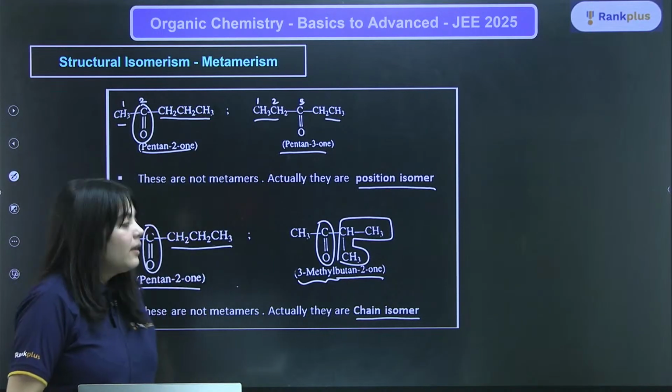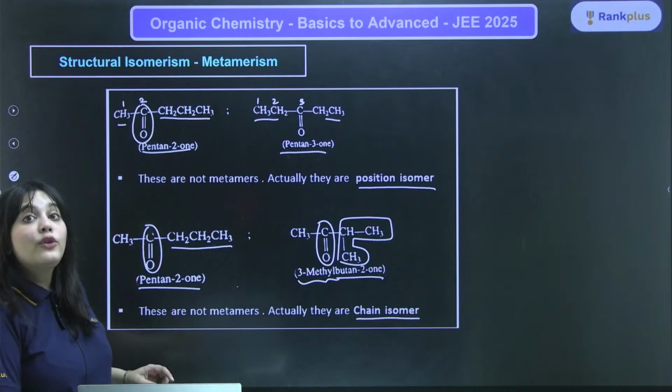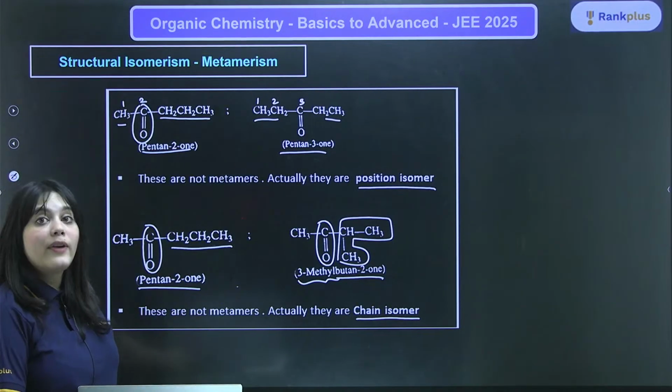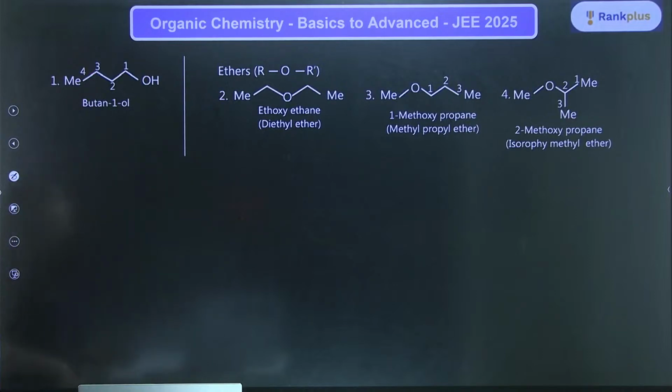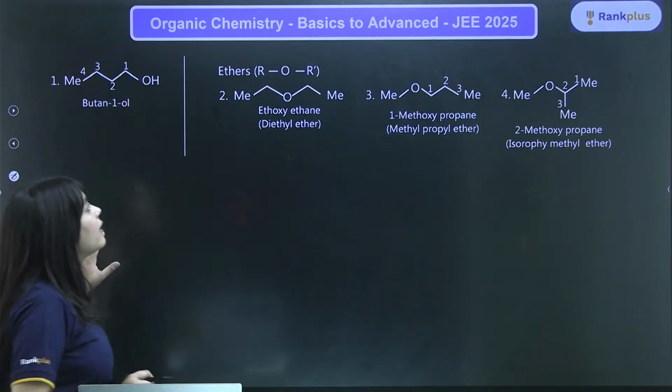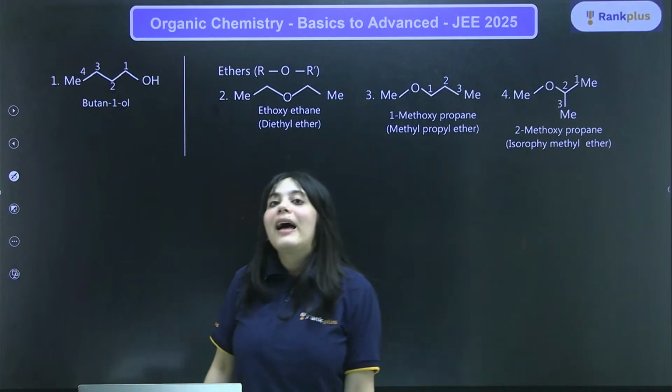Okay. Understood? If you still have any doubt, ask me, because I'm going to ask you many questions now. With so many questions, we're going to make things more clear. What I've done over here is give you 4 kinds of molecules.